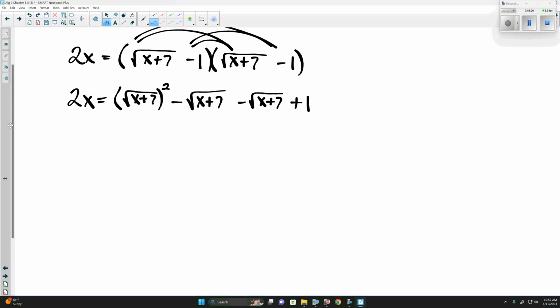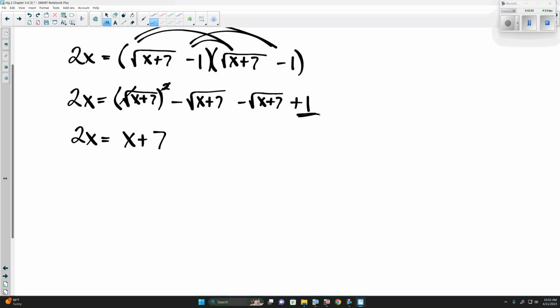At this point, we can simplify and combine like terms. Our square root and square will cancel, giving us x plus 7. Technically we have this 1 that we can combine with our 7, because 7 and 1 are like terms.